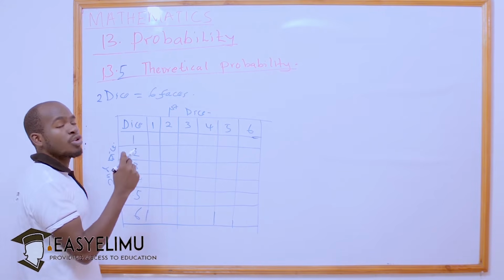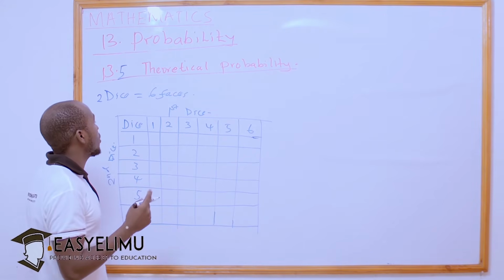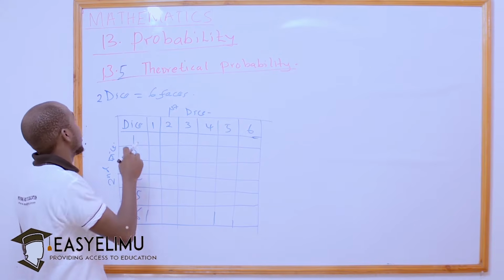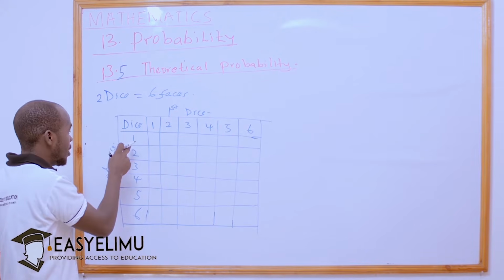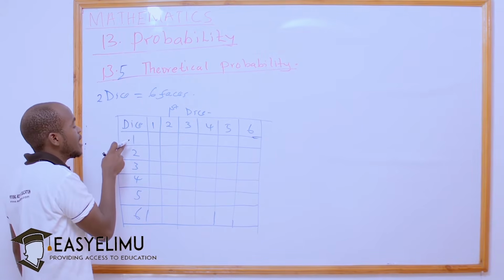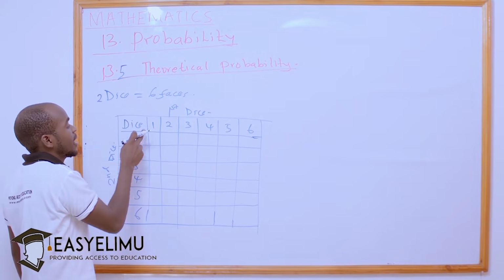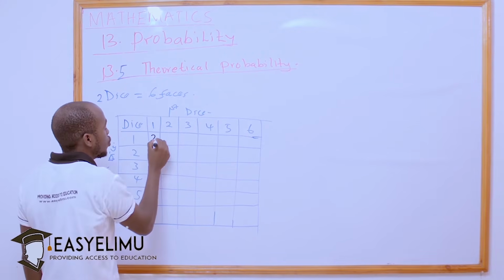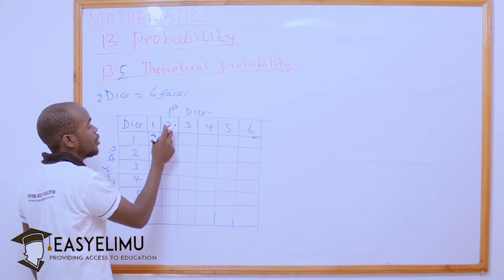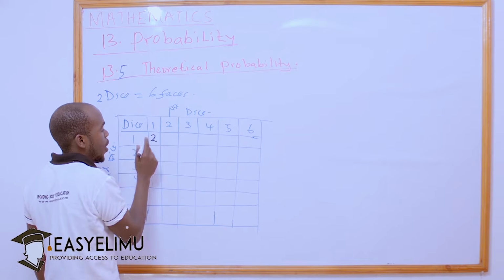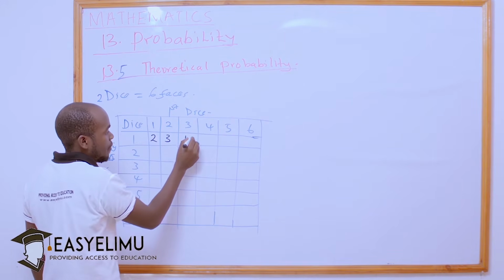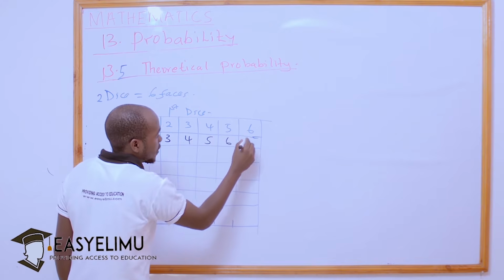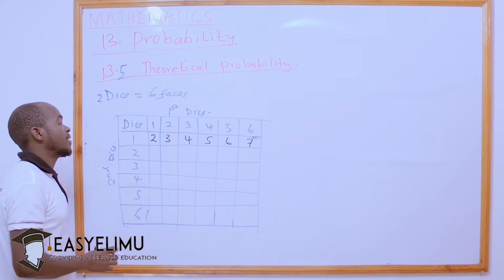If you throw them together once, it is possible that if the first dice shows 1, the second may show 1, meaning the total sum will be 2. And if the other one shows 2 while this one shows 1, you will have 3. Then 4, 5, 6, and 7, if that is the case.